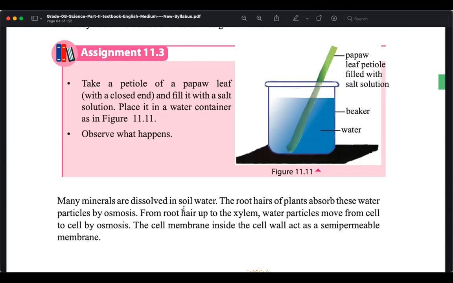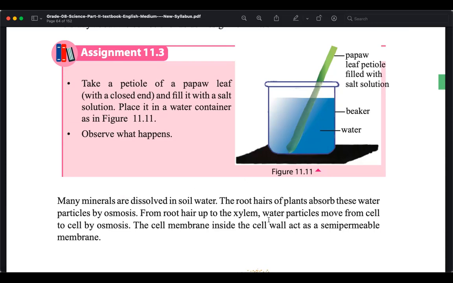You can see many minerals are dissolved in the soil water. The root hairs absorb these water particles by osmosis, right? So some minerals will be taken in, but not all, because it uses a semi-permeable membrane.